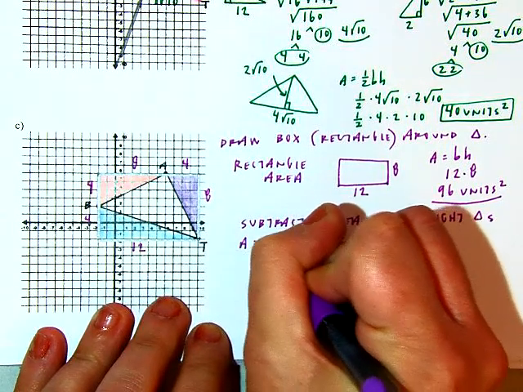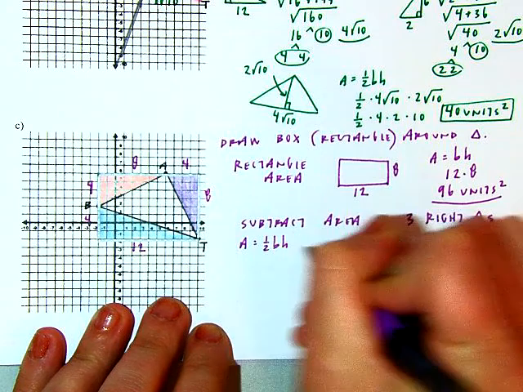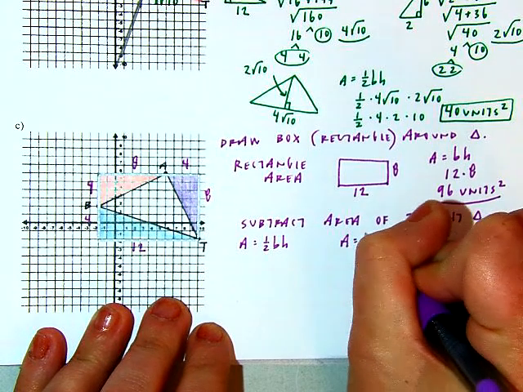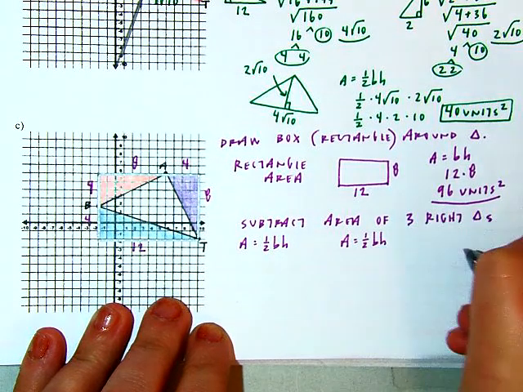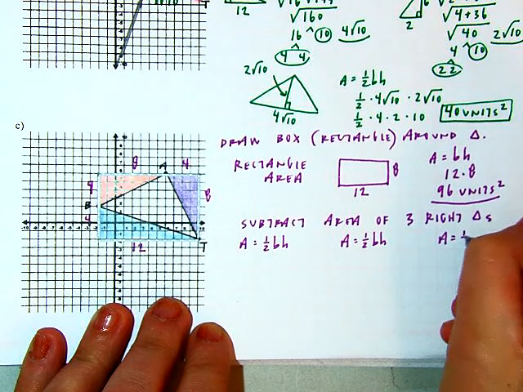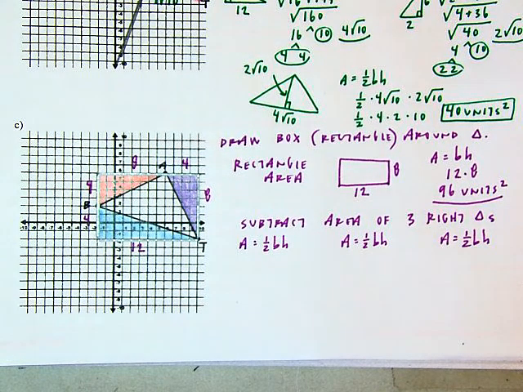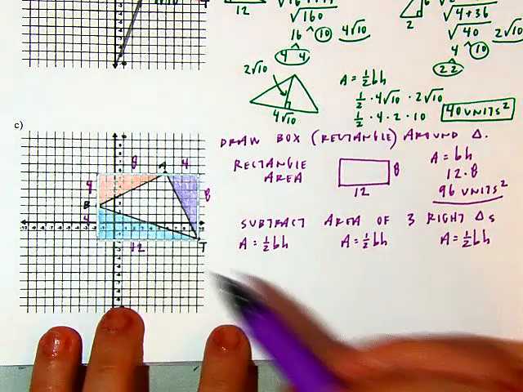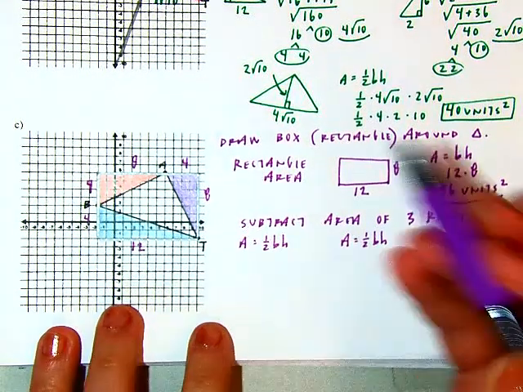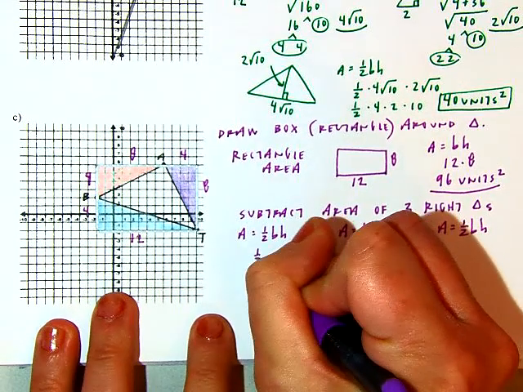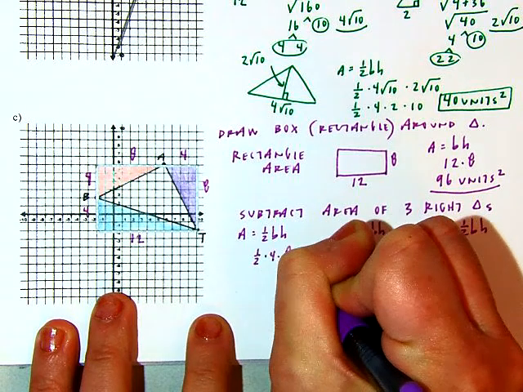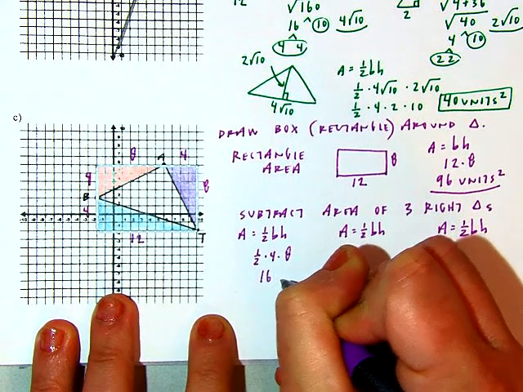So let me just write it out for all of them. And it really doesn't matter for a right triangle what we call the base and what we call the height. It just has to be the 2 legs. So for this one, I'll make it 4 and 8. So what is 1/2 of 4 times 8? Well, 16 square units.